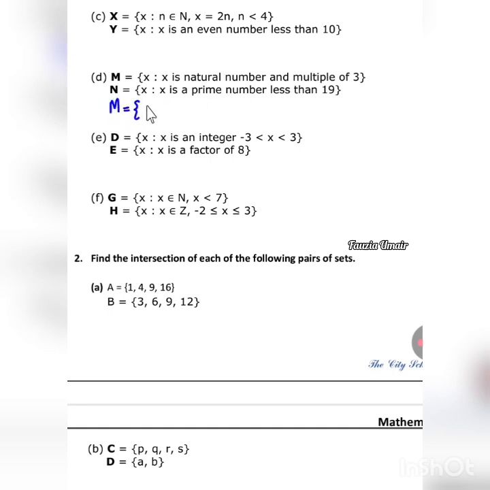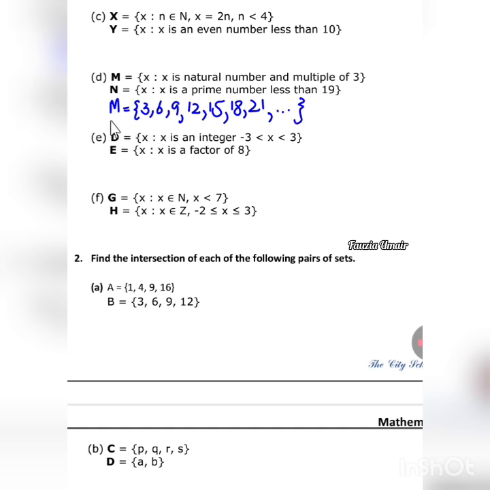So the first multiple is 3 itself, then 6, then 9, then 12, then 15, then 18, then 21, and so on. So basically, if you look carefully, M is an infinite set.